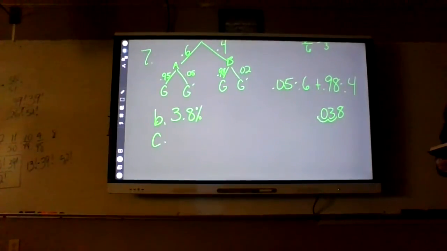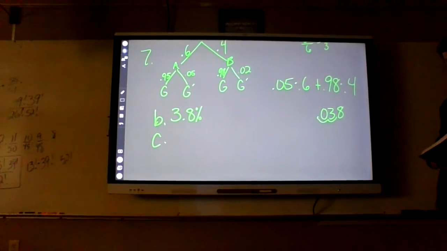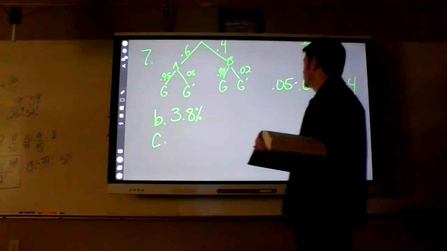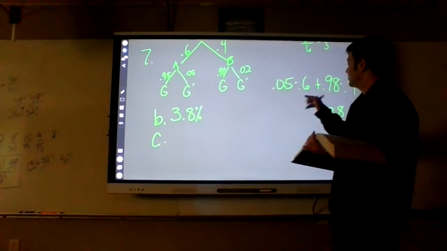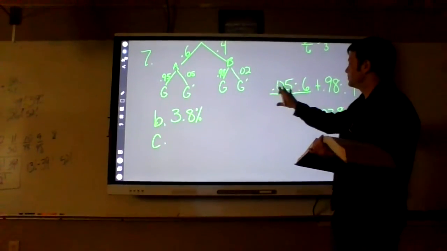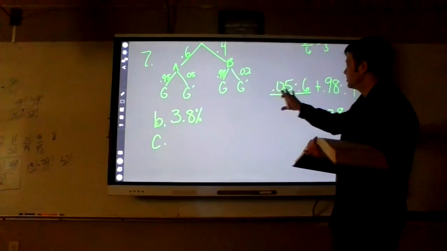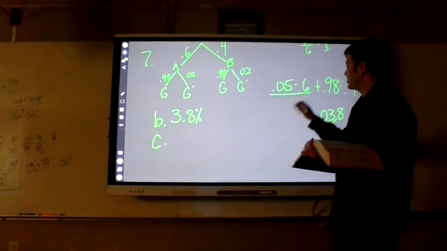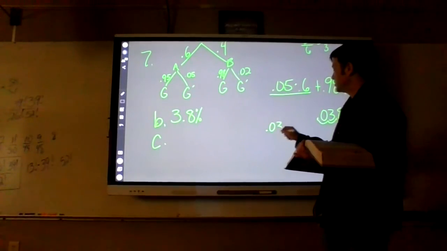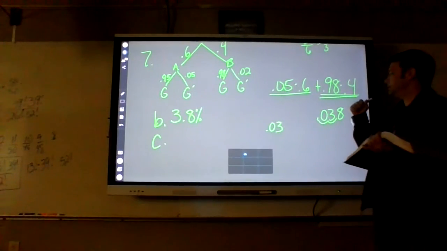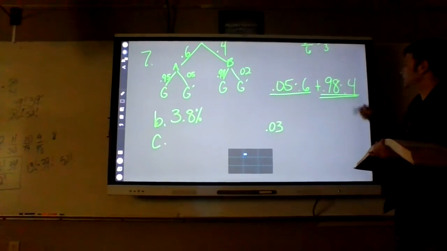Okay, C. If a bearing is inspected and fails to have the required precision, what's the probability that it was produced by machine A? Okay, this is back to... So this represents failed bearings out of machine A, which comes out to 3 over 100, 3%. This represents failed bearings out of machine B. Oh, that's a tough one.